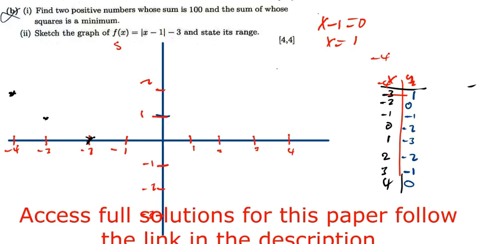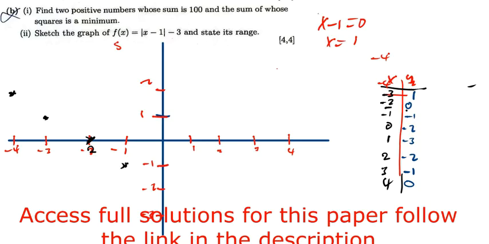Now let's just start again. Negative 4 comma 2 is here, I'll put it at that point. Negative 3 comma 1 is here. Negative 2 comma 0 is there, let's not forget this. Negative 1 comma negative 1 is there.